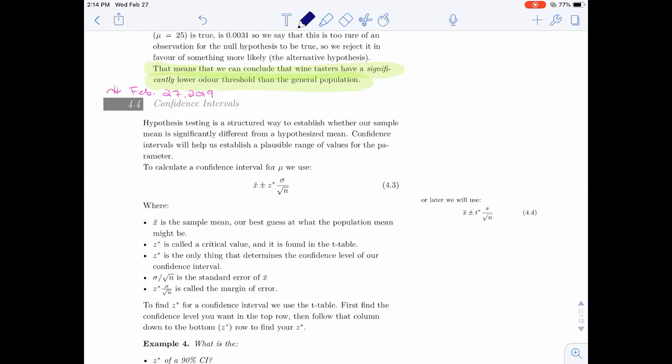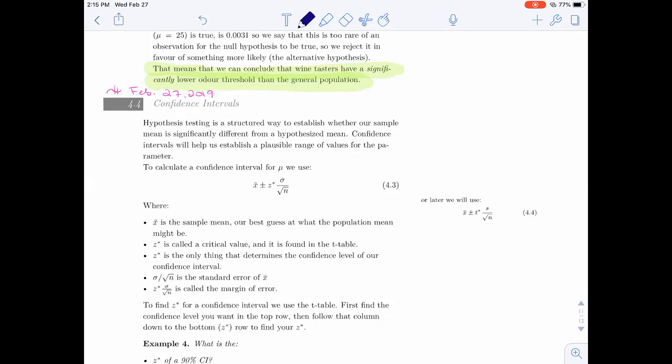Then you might ask how sure I am. I'll say 95% sure, 99% sure, and that depends on the width of my interval. Confidence intervals work the exact same way. We've got our best guess, which is the sample mean, and then we build up a plus minus buffer zone.